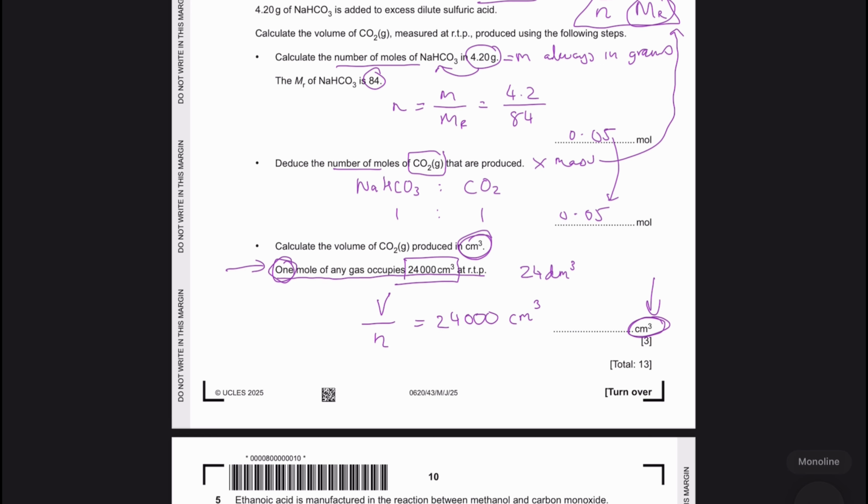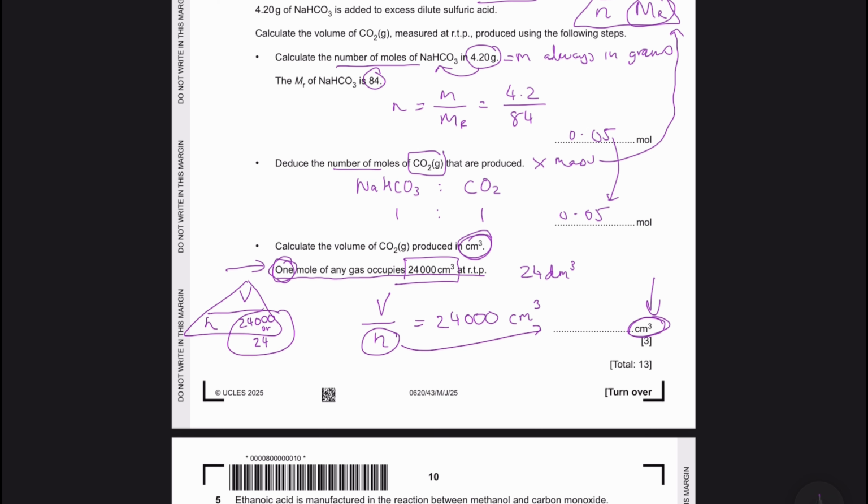Then how are we going to find the volume? All we have to do is move decimals onto the other side. If you do prefer memorizing the equation rather than trying to figure it out in the exam and maybe making a mistake, the number of moles is equal to V over 24,000 or 24 decimeters cubed.